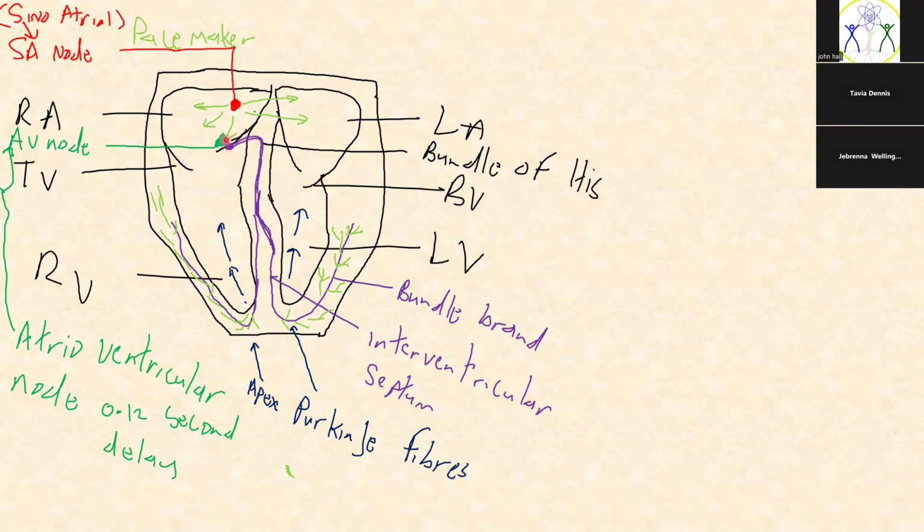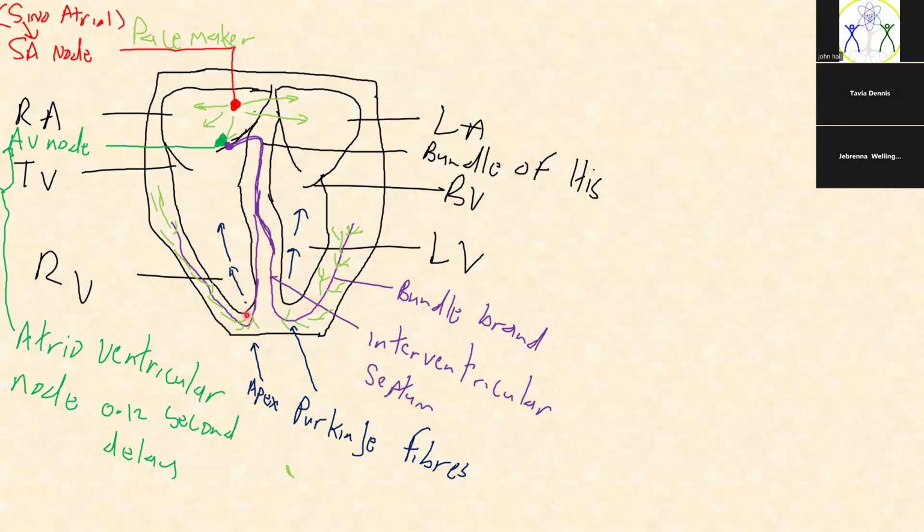which goes from the AV node into this interventricular septum. And it carries a signal down the bundle of His until the bundle of His splits into two fibers, which are your bundle branches. You have one on the right, which goes into the wall of the right ventricle. You have one on the left, which goes into the walls of the left ventricle.